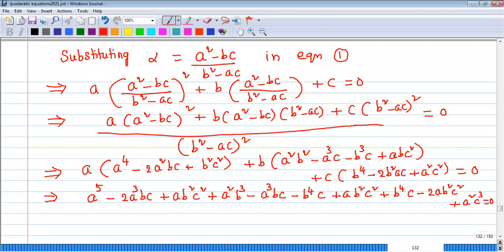Any cancellation? No, sir. See, check here. c b power 4 cancels, sir. Minus b power 4 c plus b power 4 c, yes, only that will cancel, that's all.